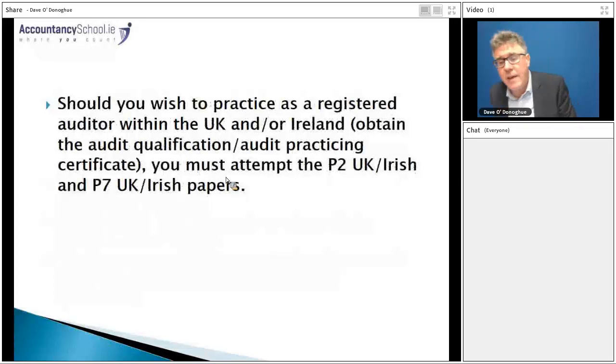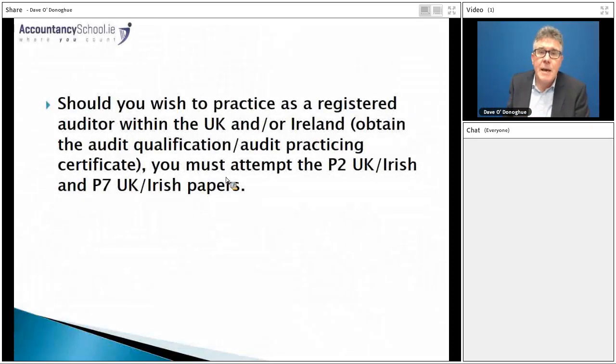Just a word then, now that you have decided that you're going to take on P7. The next thing you must decide is, am I going to do P7 Irish or P7 International? The default is that you would do P7 International. You'll only take on P7 Irish if you think at some stage in the future you will require an Irish auditing practicing cert.